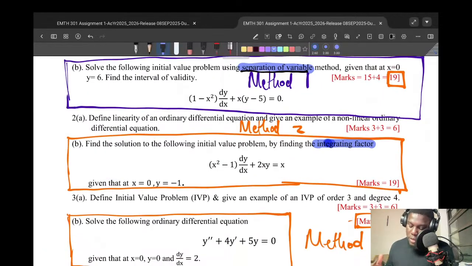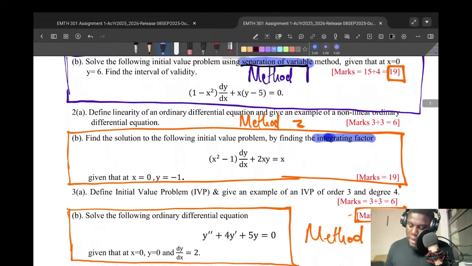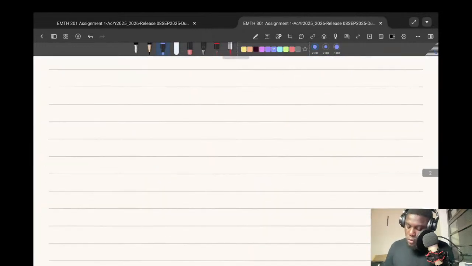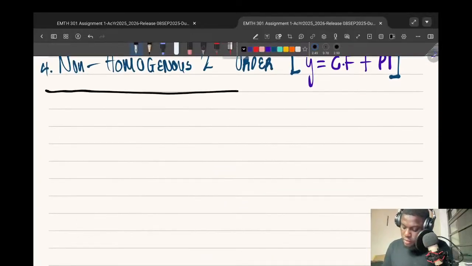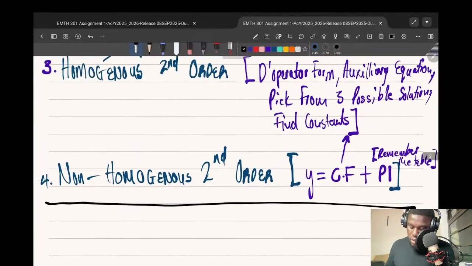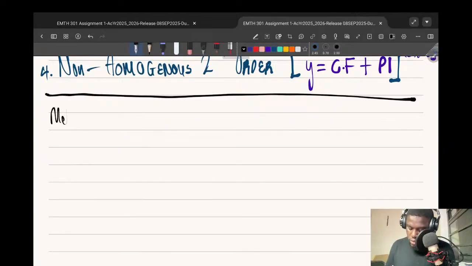So let's start with method number 1. Let me underline here. Here is the question, and let's just see what we're going to do.